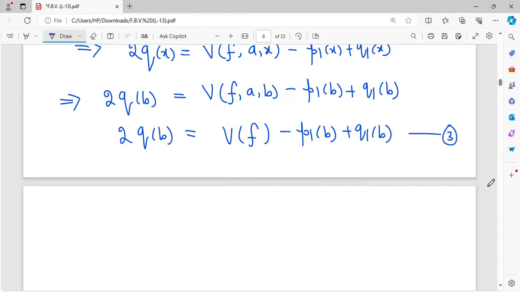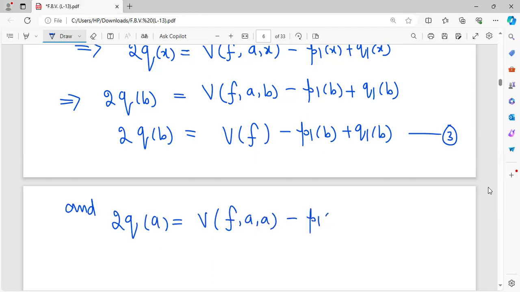Let's say equation number 3. And what is 2qa? bf aa minus p1a plus q1a. But this is 0.